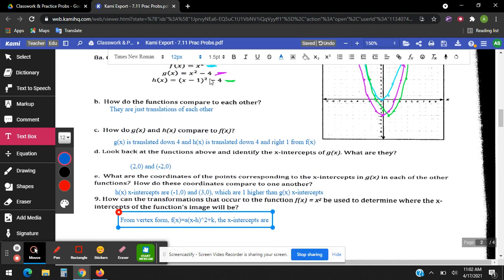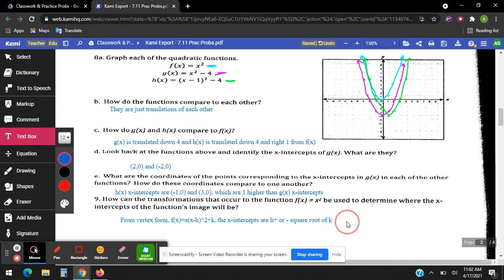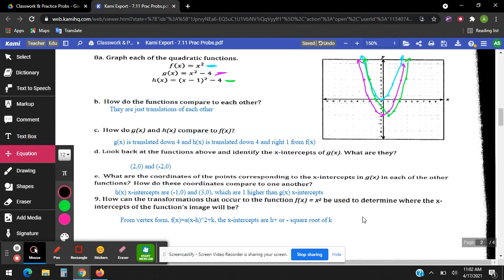we had, when we rearrange this, we add 4 to the other side, we take the square root, and then we have to add whatever this is. So we are basically taking h inside and then plus or minus, and then we have the square root of k. So let me get the equation thing on here so we can write this a little bit better.